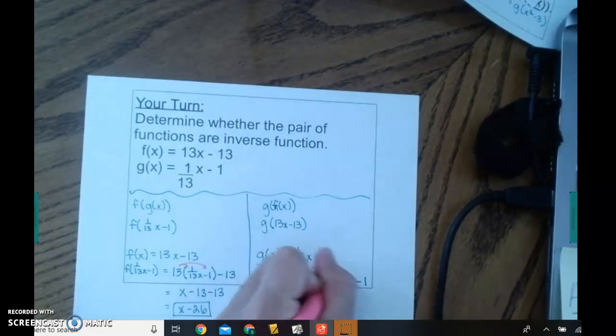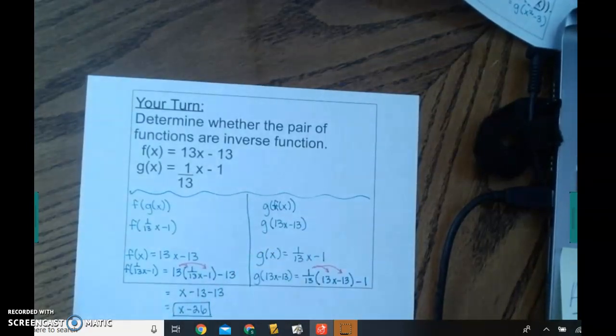We would distribute here. Again, 1/13 times 13 is just 1x. 1/13 times negative 13 would be minus 1. And then we have our last minus 1, so that would give us x minus 2.